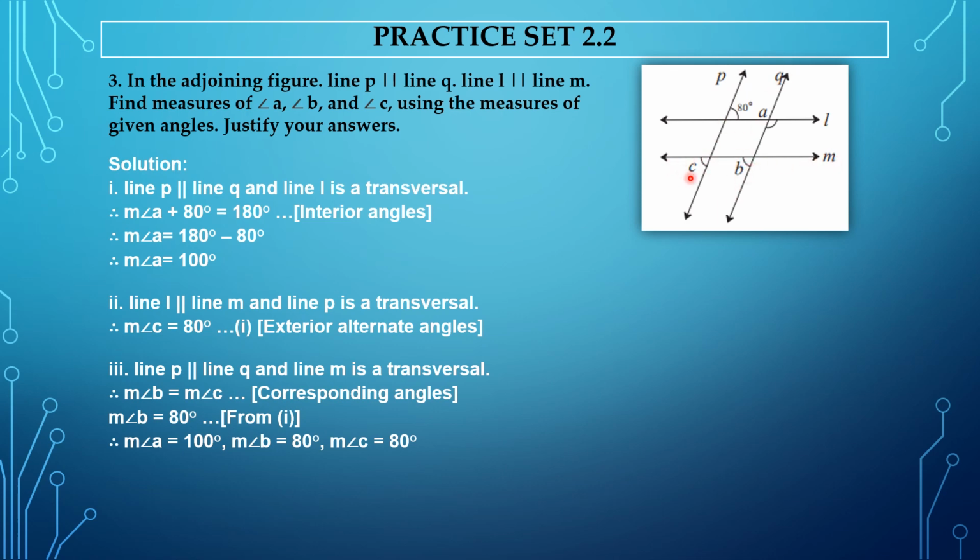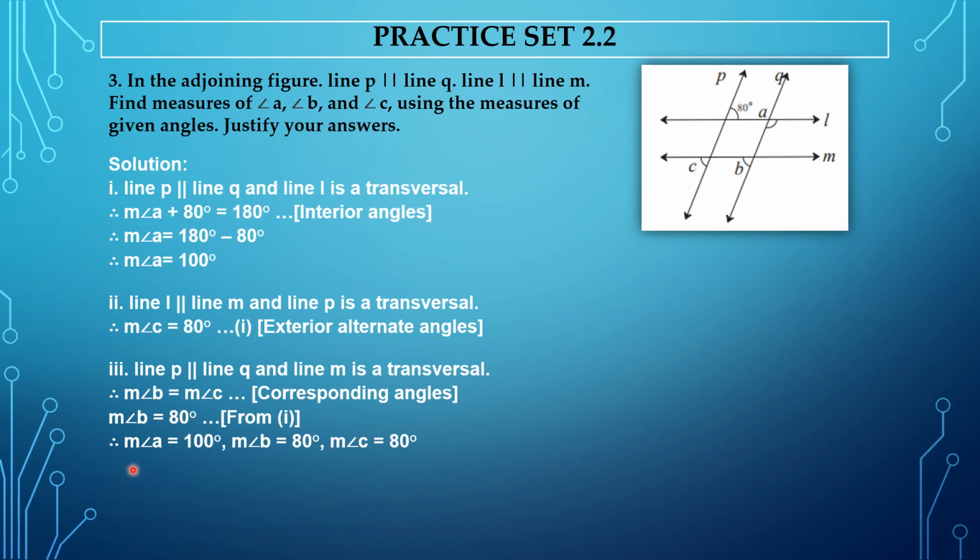Then only it will satisfy the corresponding angles. So I've taken line P parallel to line Q and line M is a transversal. So angle B is equal to angle C because corresponding angles. So angle B is equal to 80 degrees because from the previous step we found angle C is equal to 80 degrees. So you'll substitute, angle B is equal to 80 degrees because they are corresponding angles.